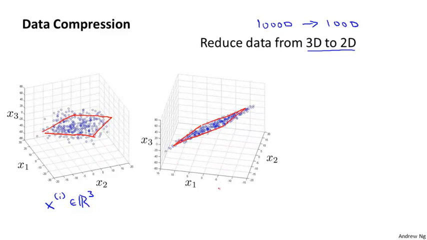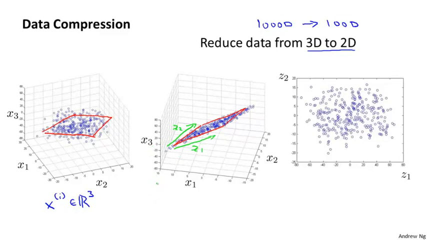Now finally, in order to specify the location of a point within a plane, we need two numbers, right? We need to maybe specify the location of a point along this axis and then also specify its location along that axis. So we need two numbers, maybe called z1 and z2, to specify the location of a point within a plane. And so what that means is that we can now represent each training example using two numbers that I've drawn here, z1 and z2. So our data can be represented using vectors z, which are in R^2.